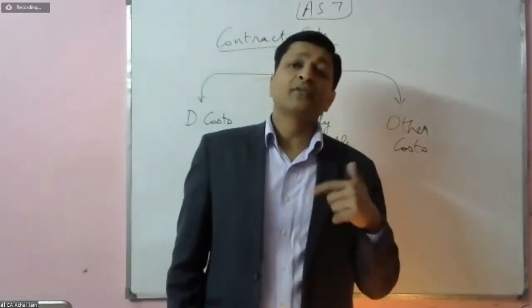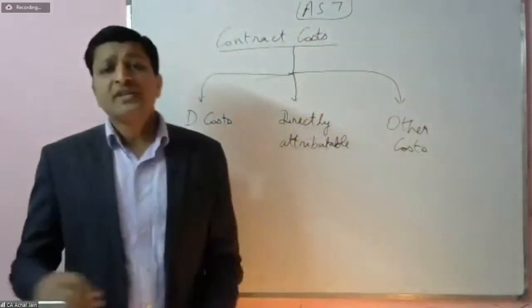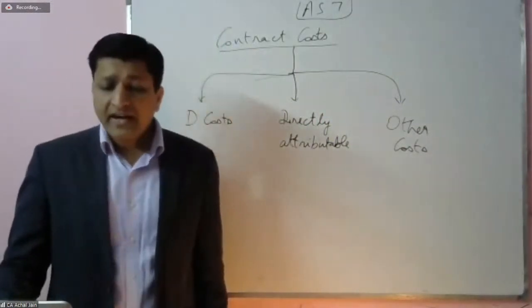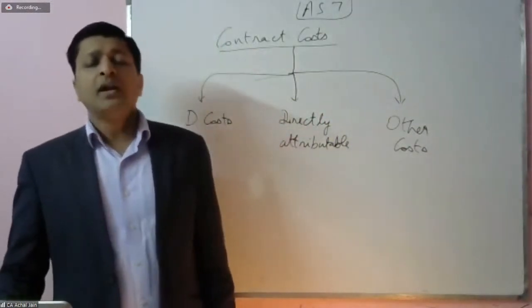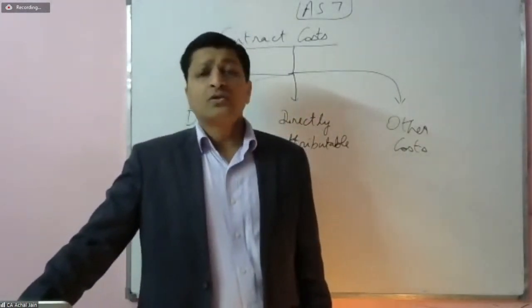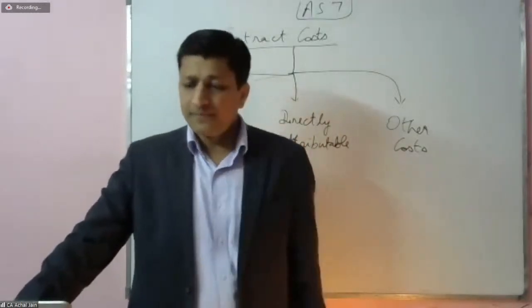If the machinery is taken on lease, then the rent on that machinery. All of these are what? All of these are the costs which are directly attributable, or you can say direct costs, or the costs which are specifically incurred in relation to the project.